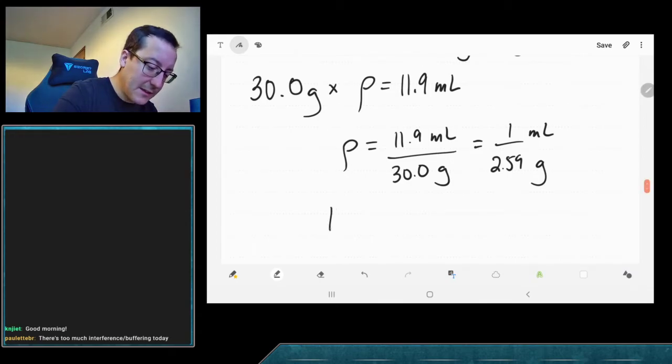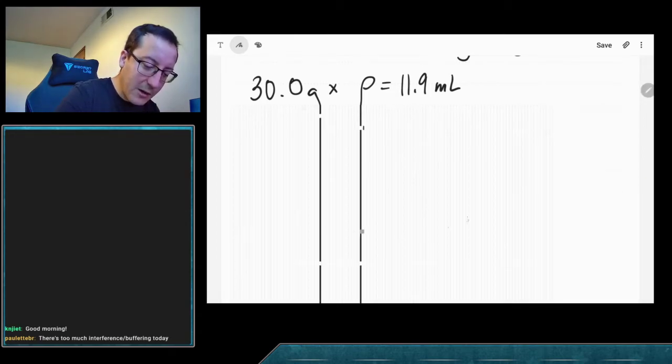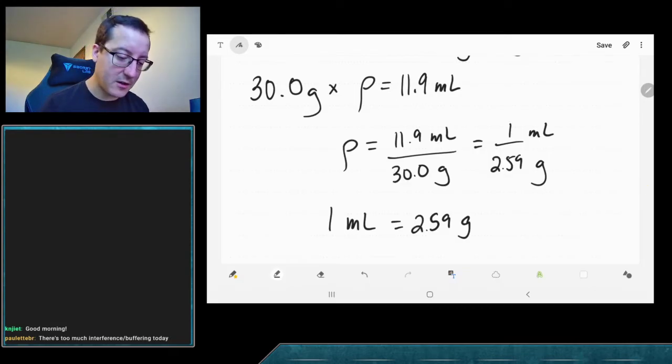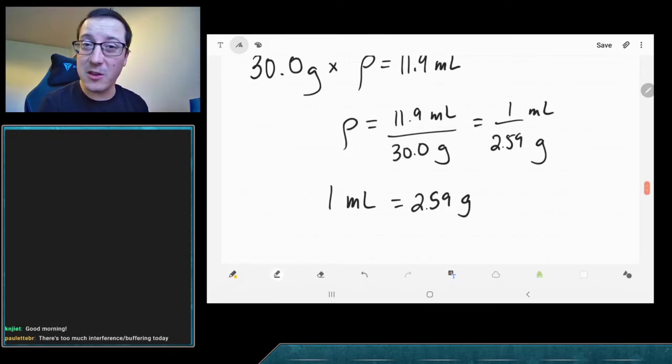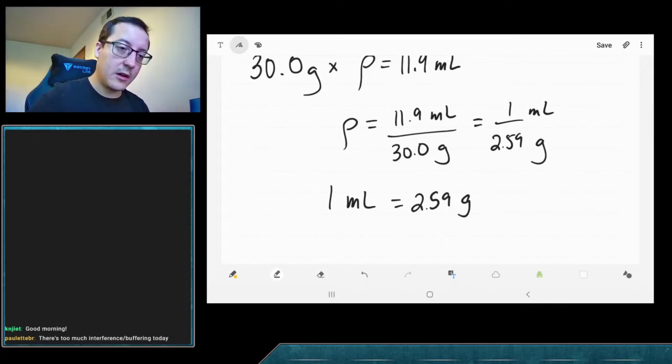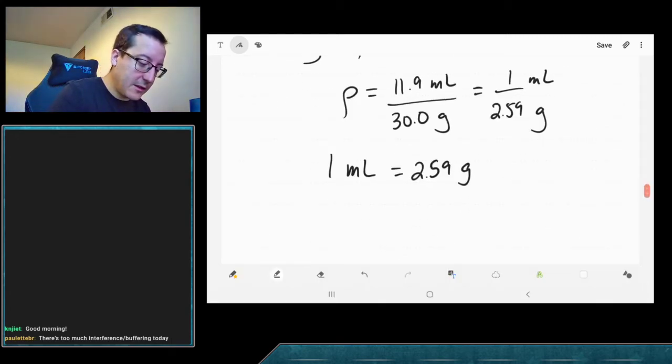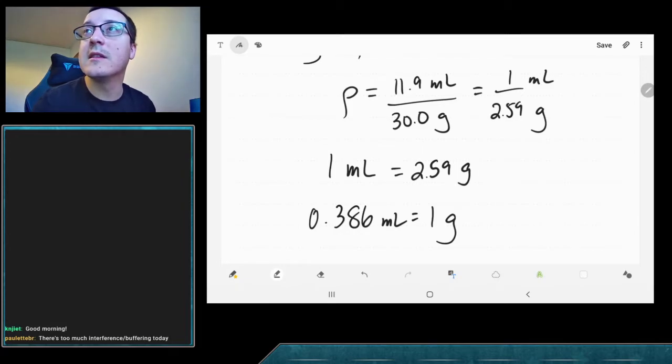This is telling us that 1 ml equals 2.59 grams. That's a conversion factor. And again, we could have done it the other way around where we make the grams have 1 instead. Let me just do the math here. We could say that 0.386 ml equals 1 gram. We could do either way. It's the same thing.